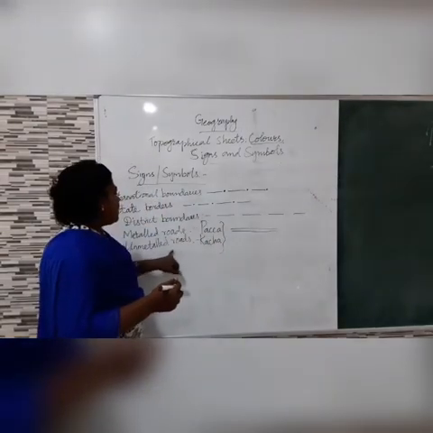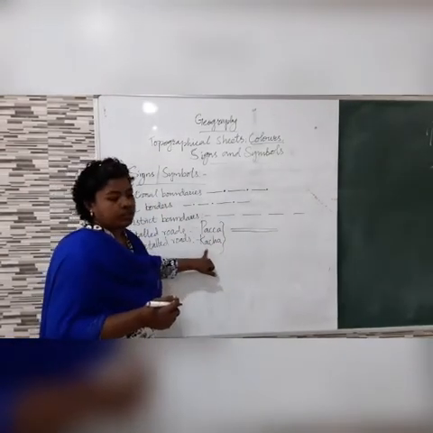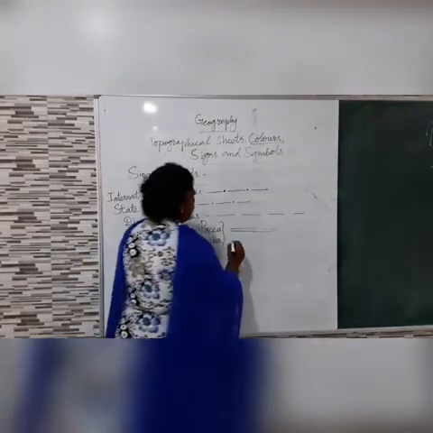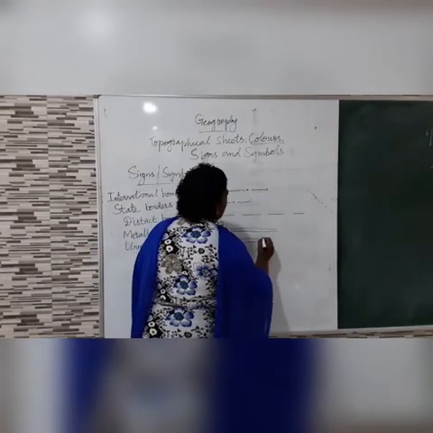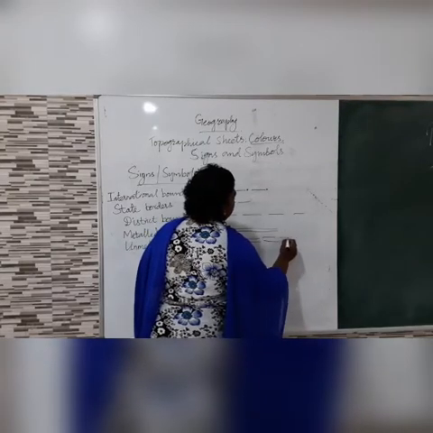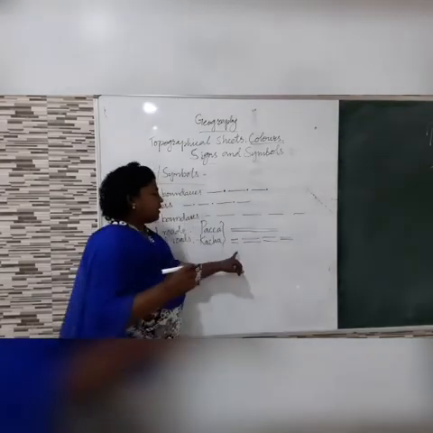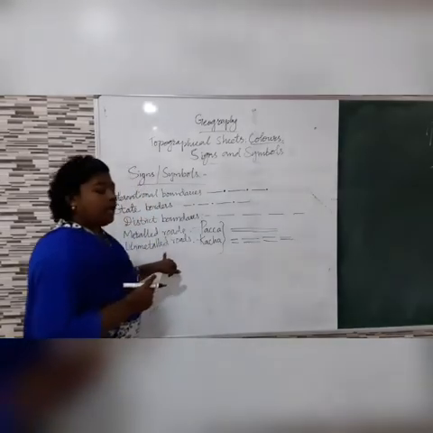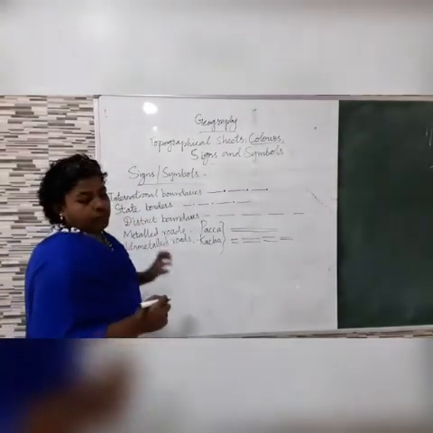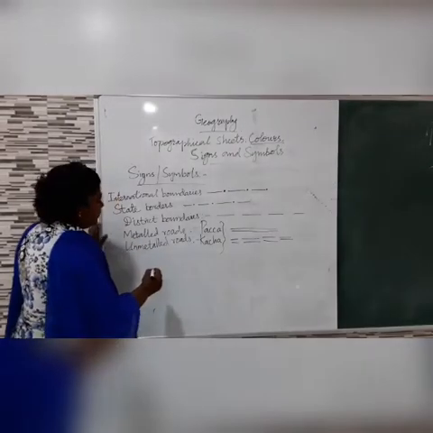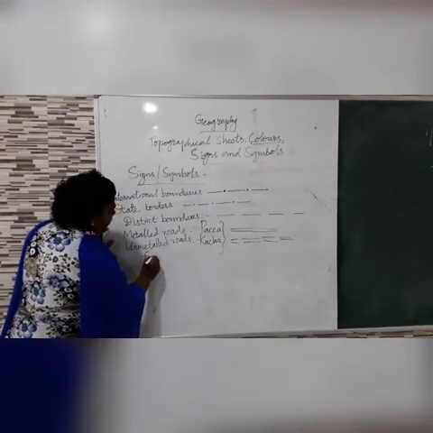Further, how will Kacha or unmetalled roads look? They are also shown in red color, but as broken parallel lines. The broken parallel lines in red color denote unmetalled roads.